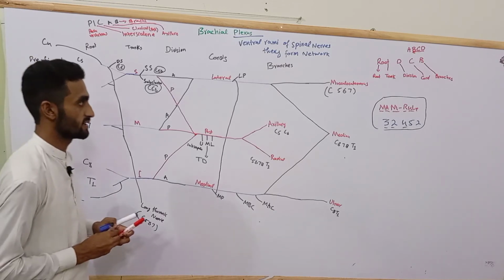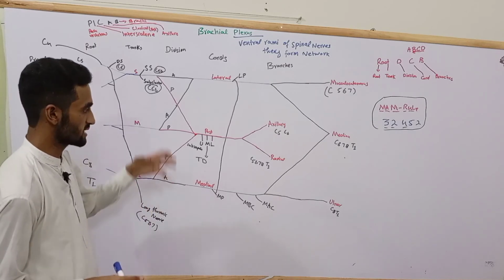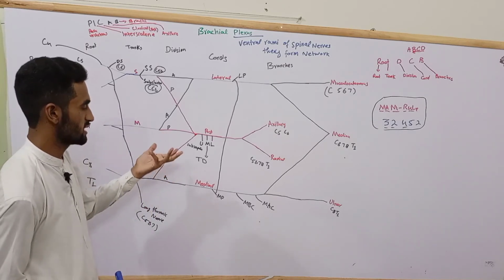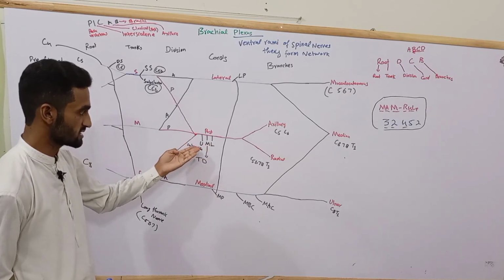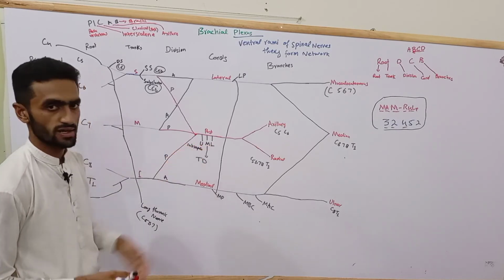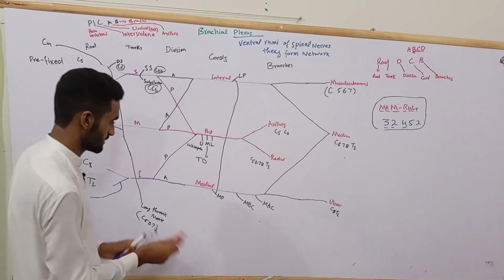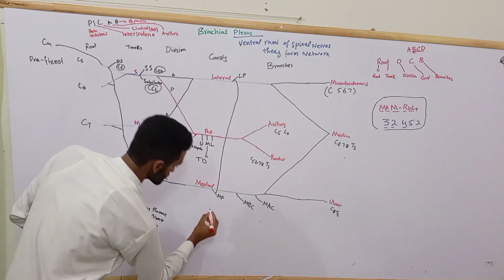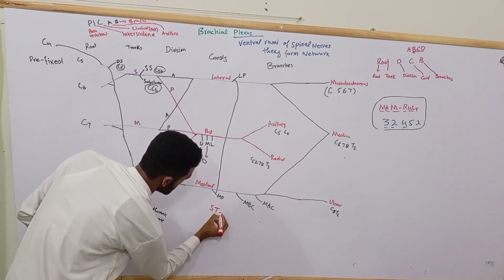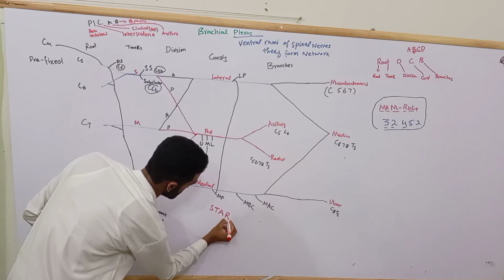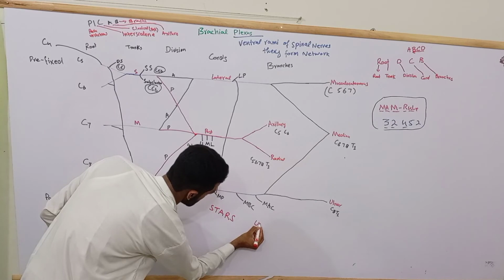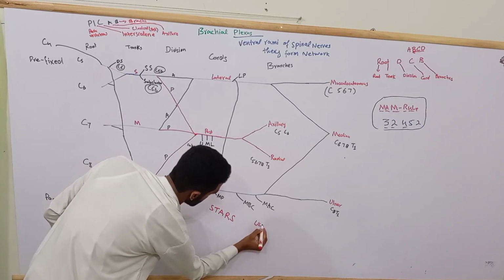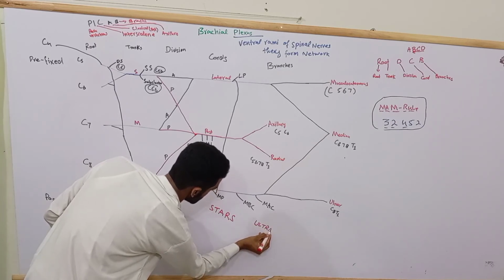Another important question they ask is the branches of the posterior cord. You can simply answer upper subscapular, lower subscapular, and so on, or you can use the trick which I mostly use, which is STARS or ULTRA. Two mnemonics are mostly used, so whatever you want to choose.